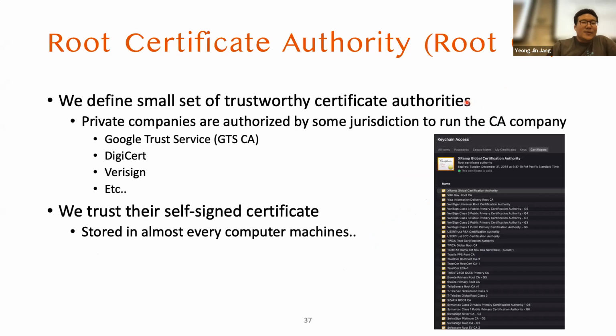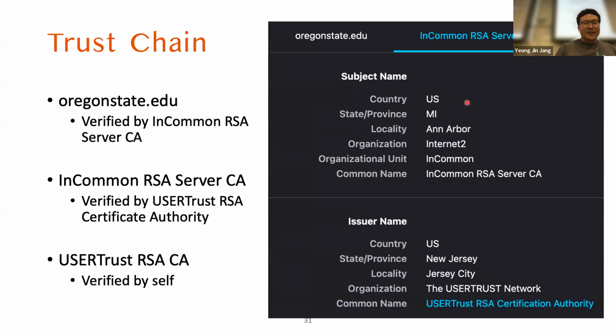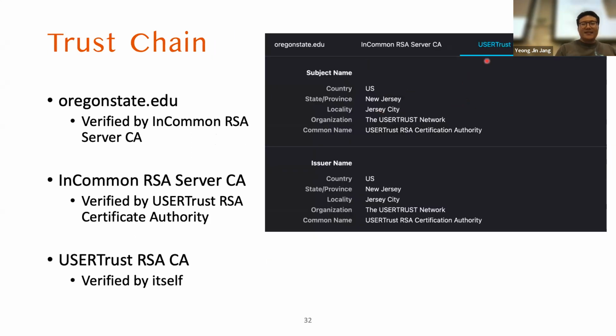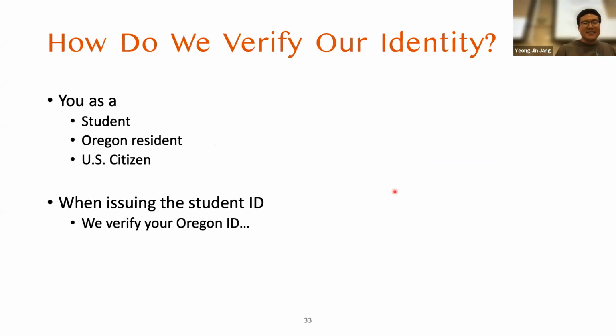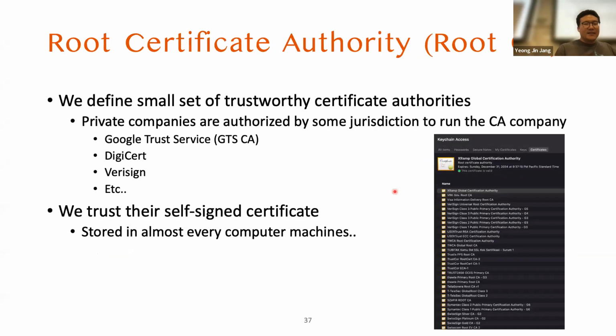So basically, for the root CA, we have seen that for this one, the USERTrust RSA Certification Authority, they signed their own certificate. So there's no other entity to assure this entity. And for the companies, that is set by some jurisdiction.